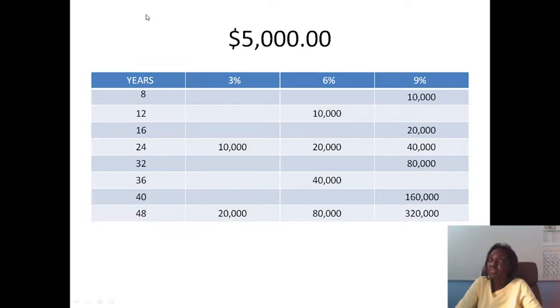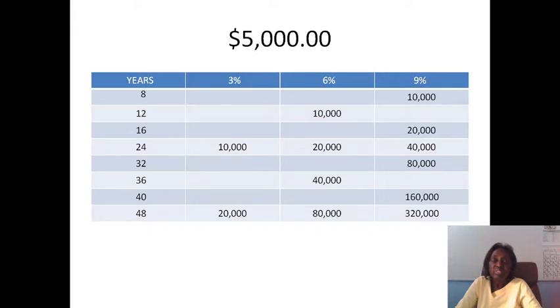So 5,000 at 3% is going to double in 24 years, right? So 5,000 becomes 10,000 in 24 years. In another 24 years, because it's still at 3%, it's going to become 20,000. Okay? So in 48 years at 3%, 5,000 became 20,000.